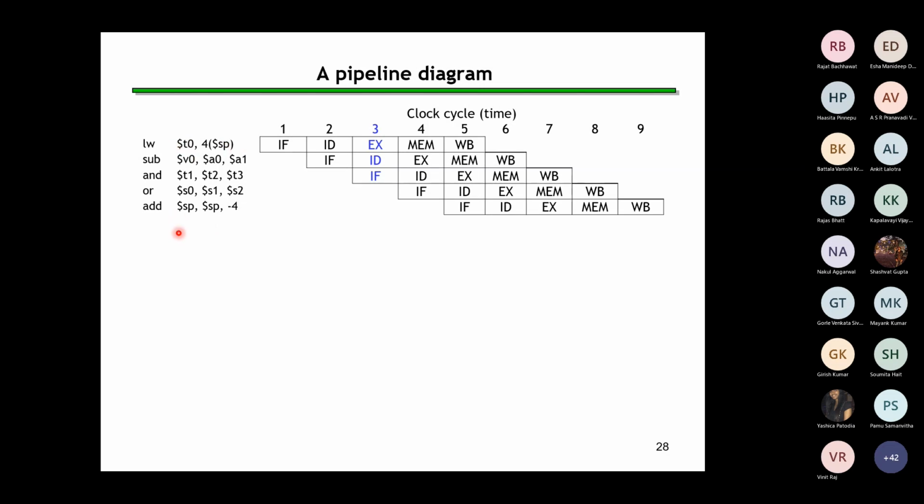Then for 5 of them, we would have required 5 into 5, 25 cycles. But here I finished everything in 9 clock cycles. So the average number of clock cycles per instruction, or CPI, reduces significantly.